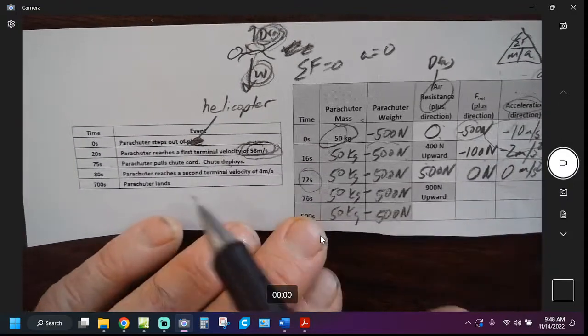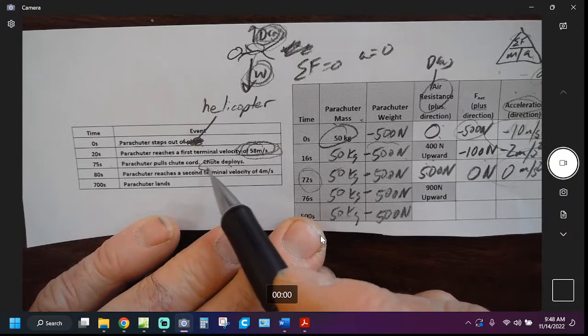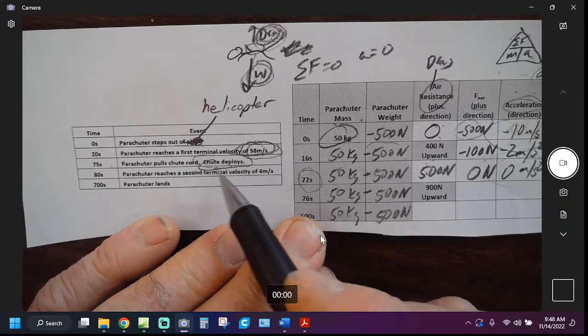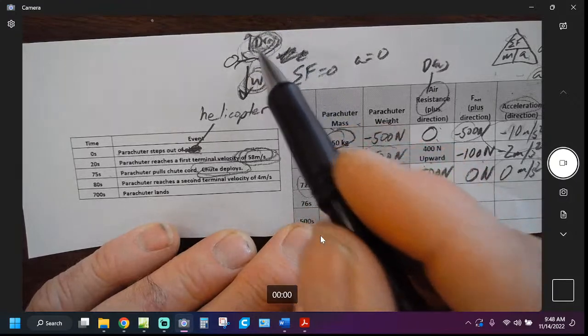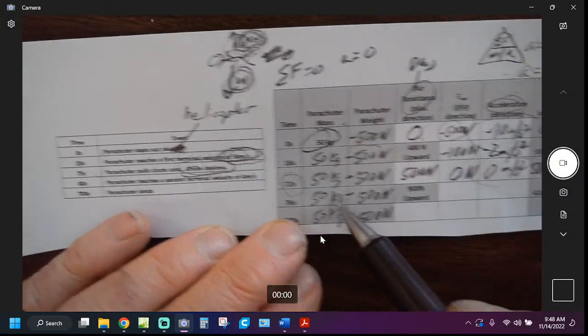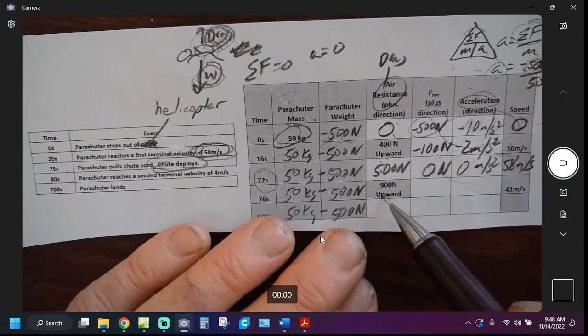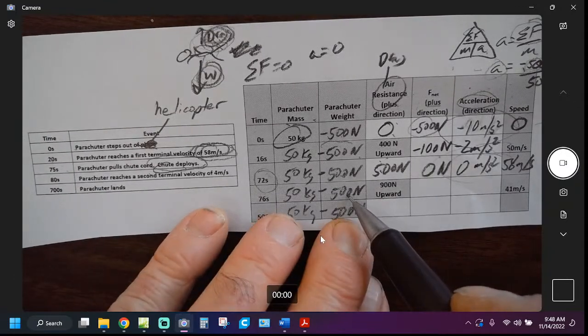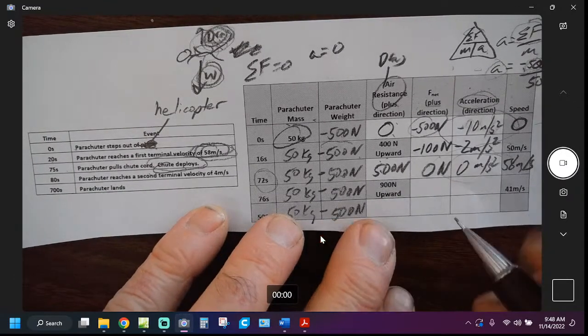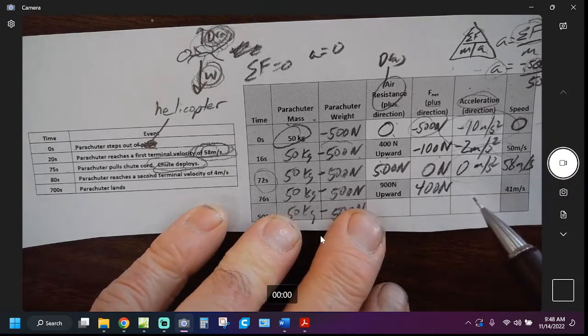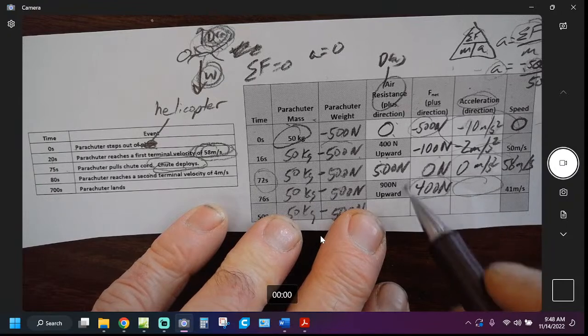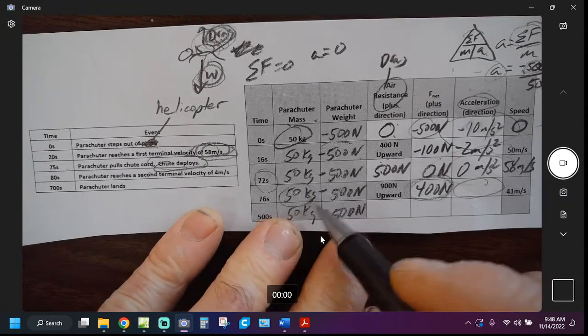Until you change something, like you pull your chute, and then you make your area a lot bigger. Now you're going to have more drag, so this drag starts to increase. So now in this next one, the drag is 900, the weight is 500, 900 minus 500 is 400. And to get the acceleration, I take the net force 400 divided by 50.